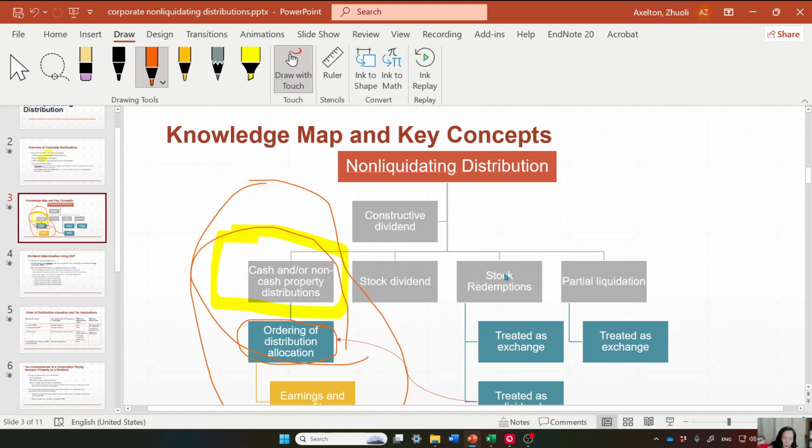You want to spend more time reading the basics, the foundations, and truly understand this part before you get to the advanced topics.